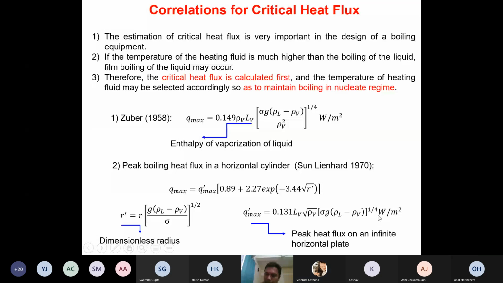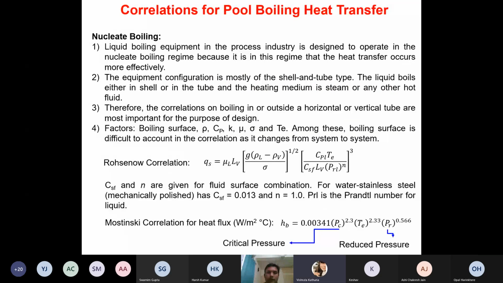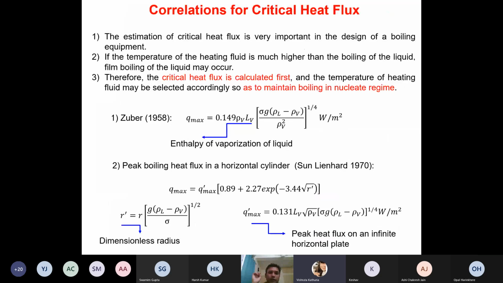Hello, sir. Okay, please go ahead. Yes. So the Zuber correlation that we have, what container is it for? You were not audible. Just wait, let me clearly figure out. I am just checking whether it is for the vertical cylinder or what.